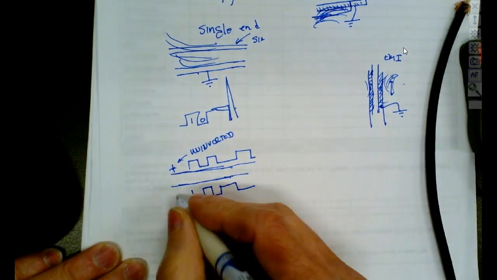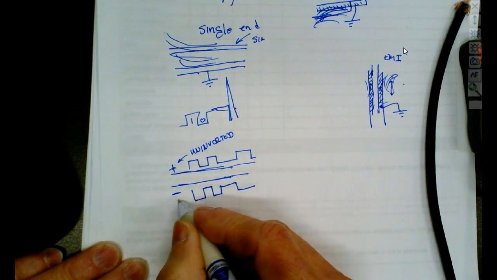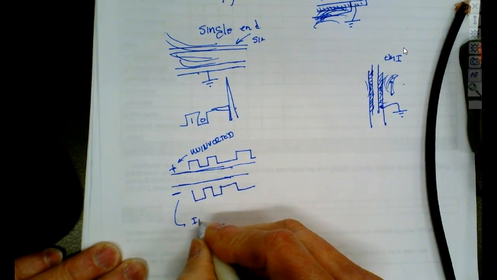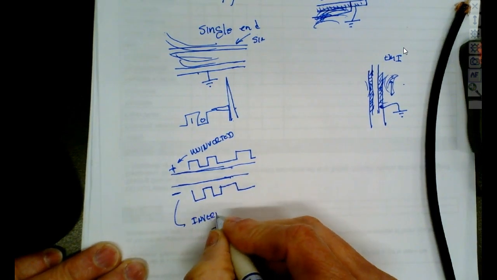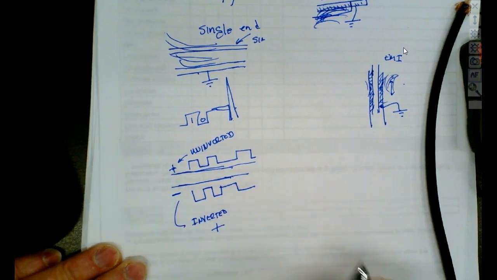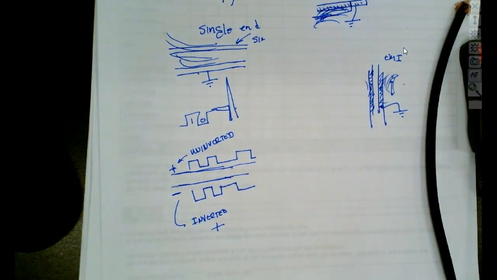And then the minus symbol means the inverted signal. So every time you see plus and minus, don't think about DC and AC polarities. In electricity, the plus symbol means the positive polarity, and the minus symbol means the negative polarity.